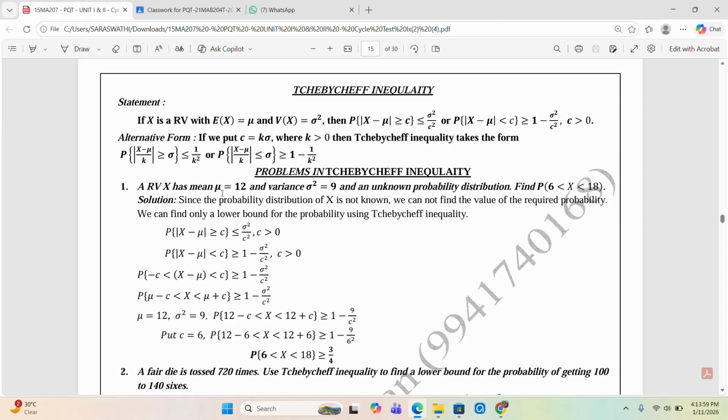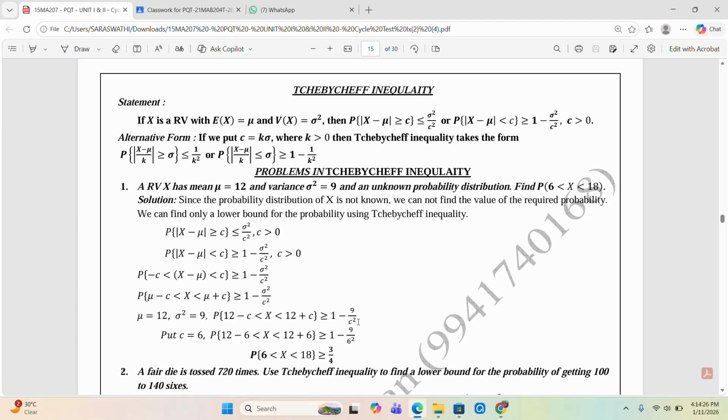The given values are mu equal to 12 and variance sigma square equal to 9. After substituting the given mu and sigma square in this expression, mu is 12, so P(12 - c < X < 12 + c) >= 1 - 9 by c square.